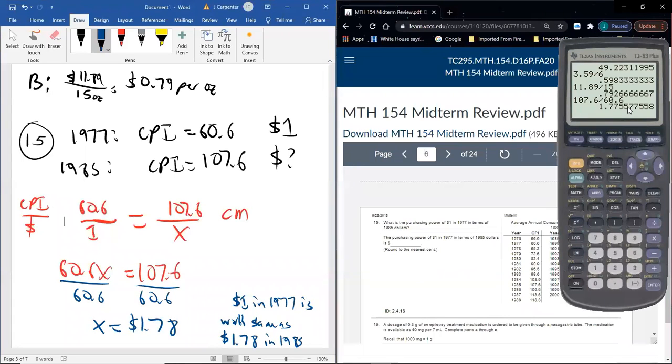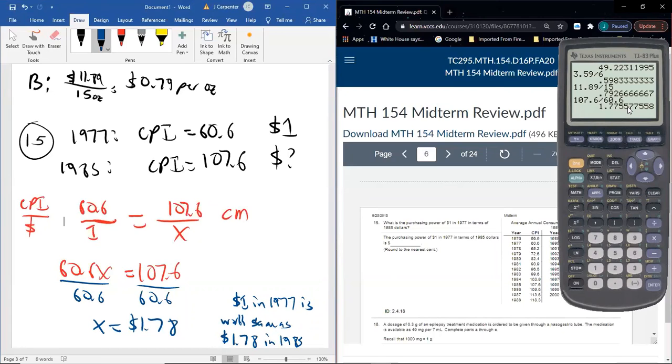But if you were getting raises that were exactly the same as a CPI change, then if you buy a loaf of bread for $1 in 1977, and then you buy it for $1.78 in 1985, the true cost to yourself never actually changed. If your salary is increasing proportionally, if your goods are increasing proportionally, then nothing actually changes.